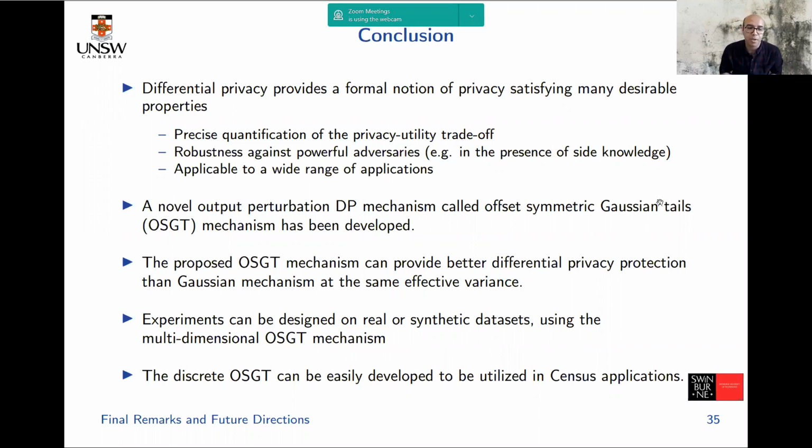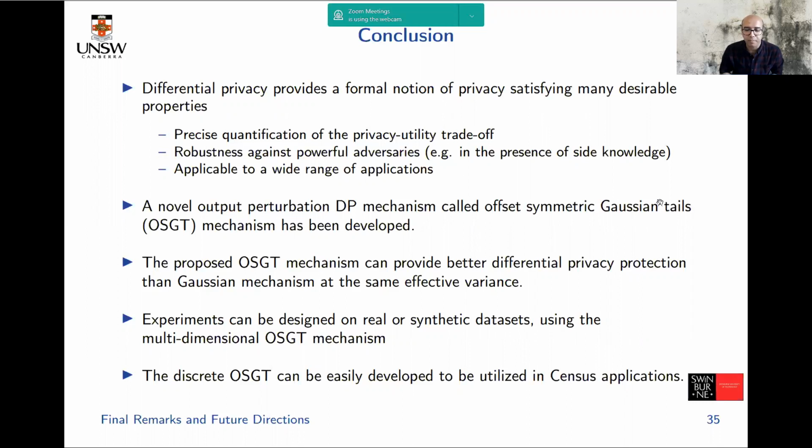So that's why we proposed a novel output DP mechanism, called OSGT, and we showed that in terms of differential privacy protection at the same variance, OSGT can perform better. For future research directions, we are going to run experiments on real or synthetic data sets using, for example, the multi-dimensional version of the OSGT mechanism.